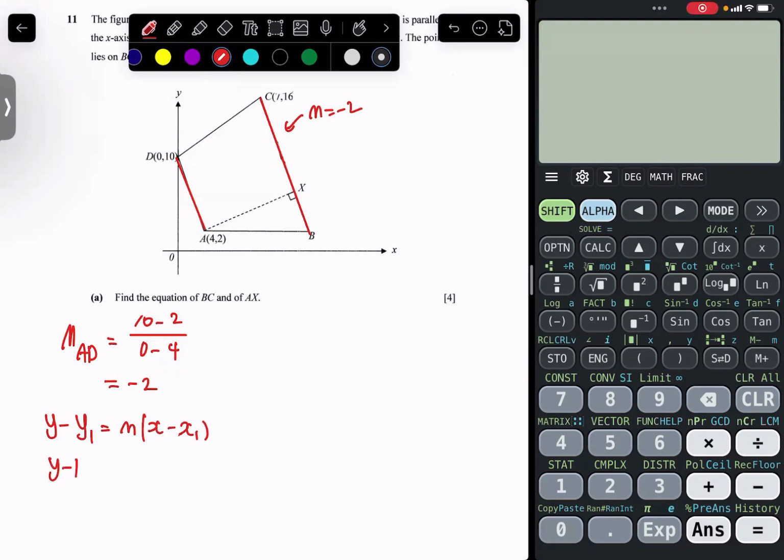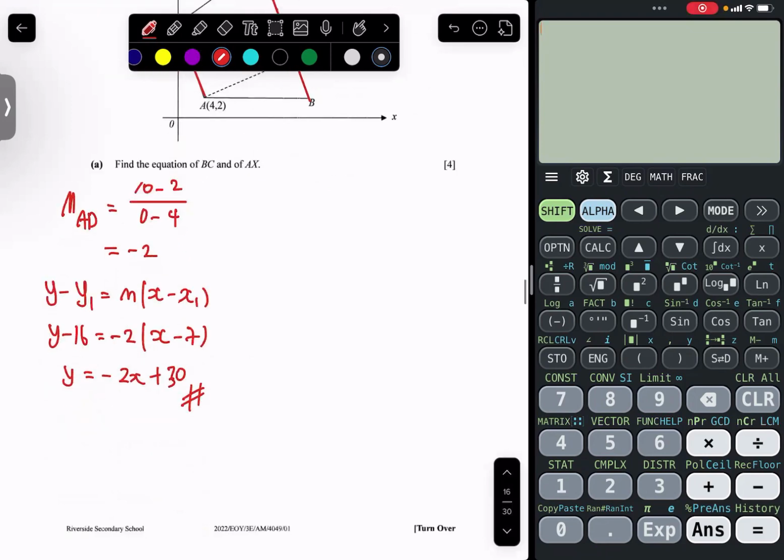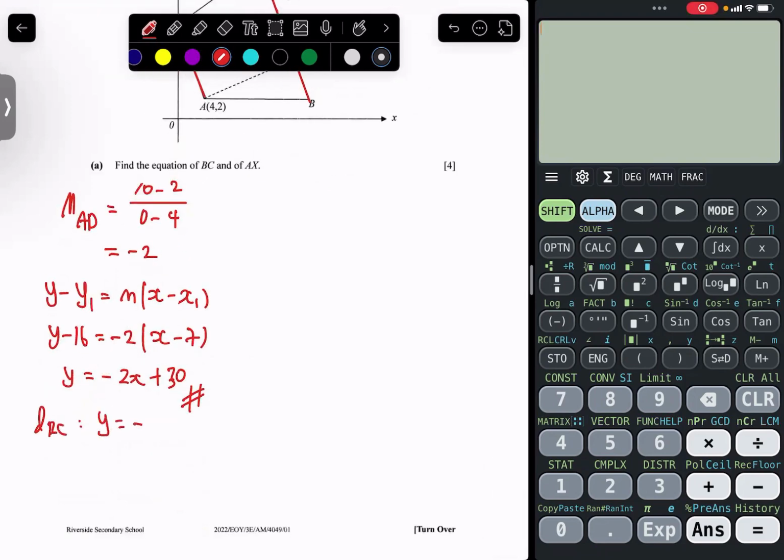So we have y minus 16 equals negative 2 times (x minus 7). Then we'll have y equals negative 2x plus 30. So that is the equation of the line BC. Line BC is y equals negative 2x plus 30.